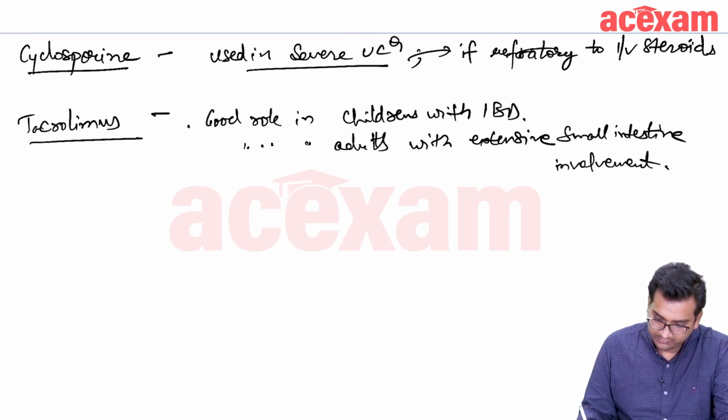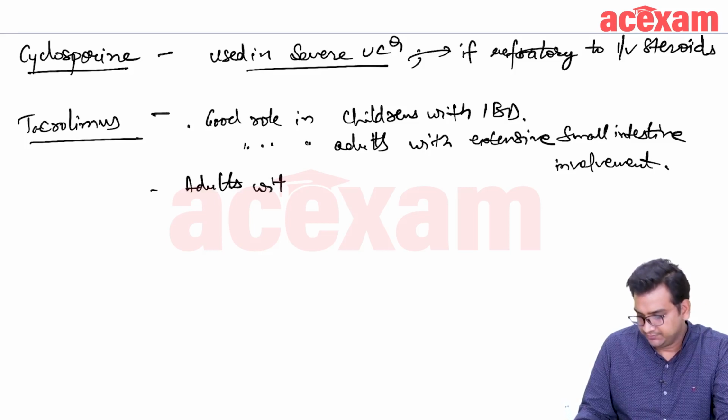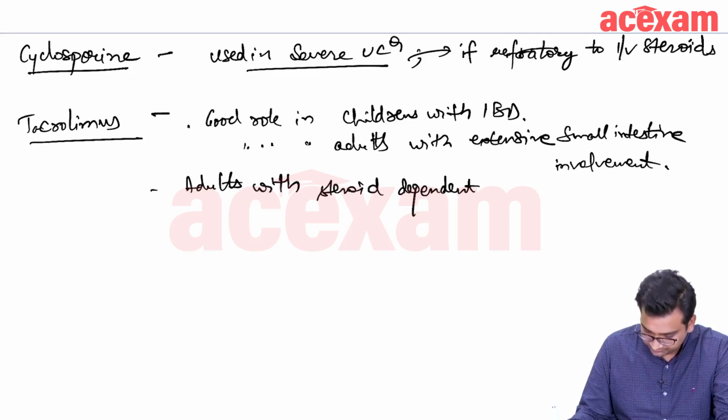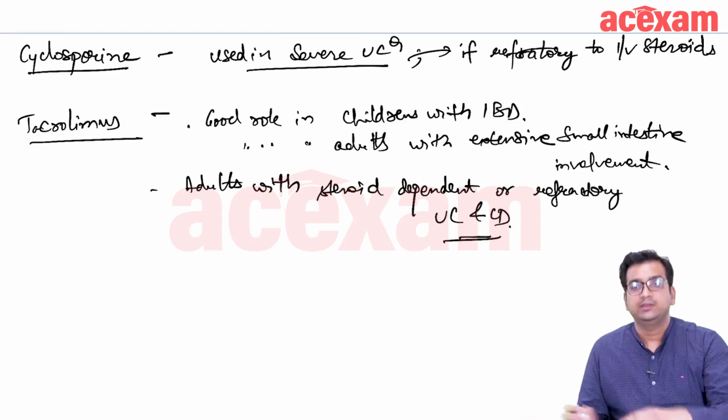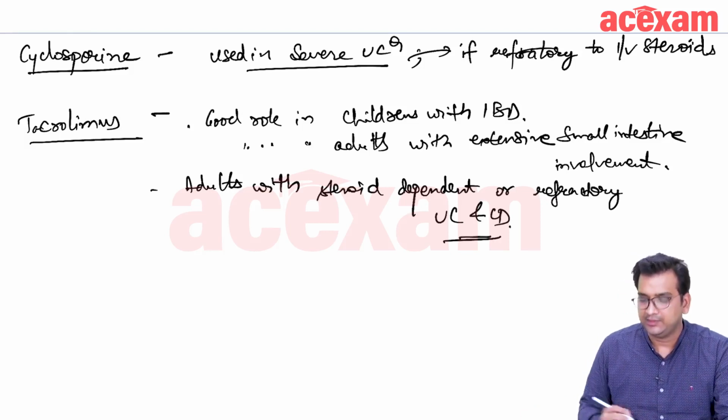Okay, or adults with steroid dependent or refractory ulcerative colitis and Crohn's disease. So it is having a role in both. Majority of cases it is used in Crohn's disease.